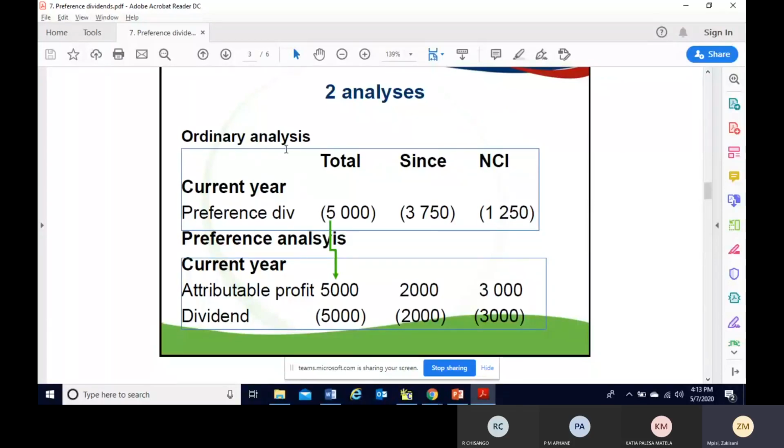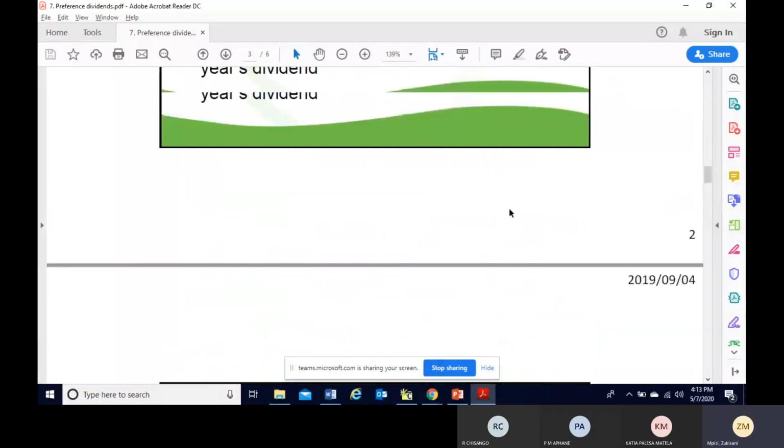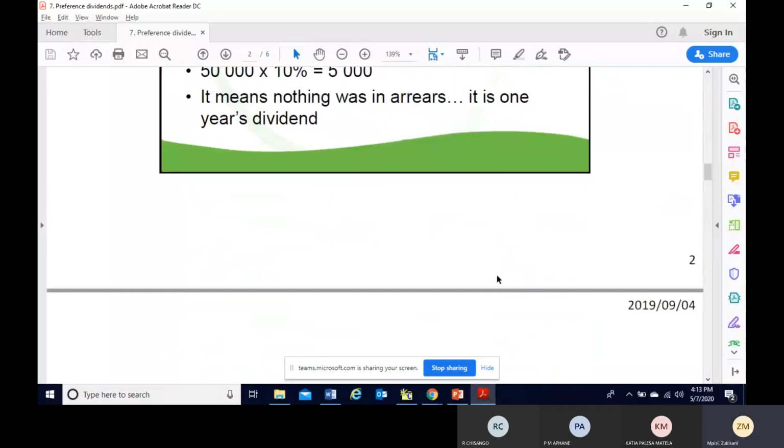So in this case, at the top, you've got ordinary analysis, where in the current year, preference dividend, which is an expense, will reduce your profit and will reduce your non-controlling interest and your parent. So your parent here is owning 75%, your non-controlling interest is owning 25%.